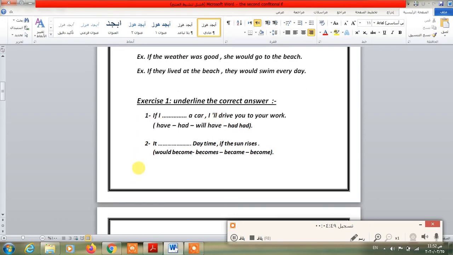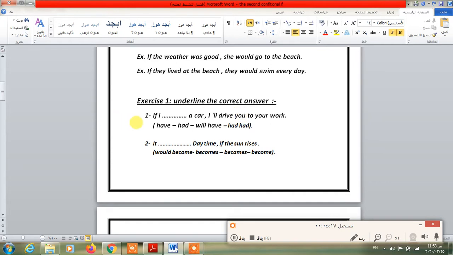Number 2: it becomes daytime if the sun rises. Here we have the zero conditional, which means it's a fact, a scientific fact.